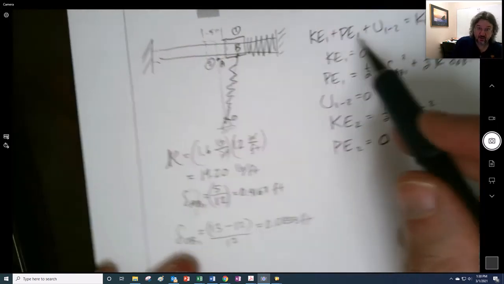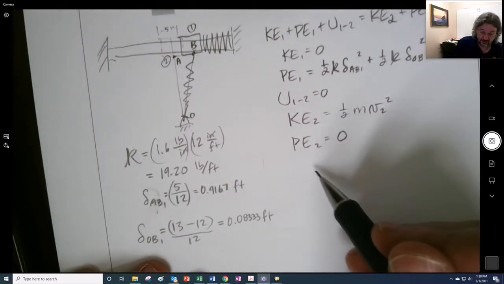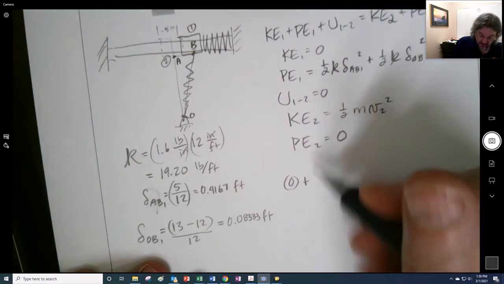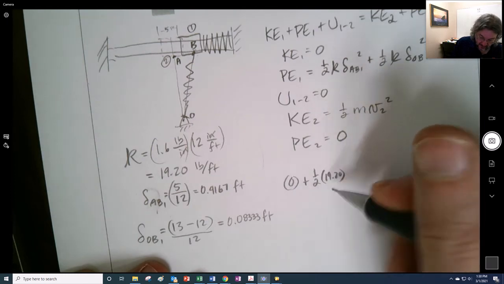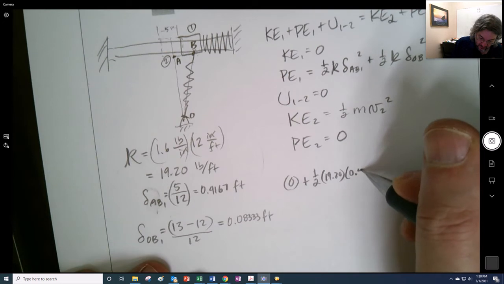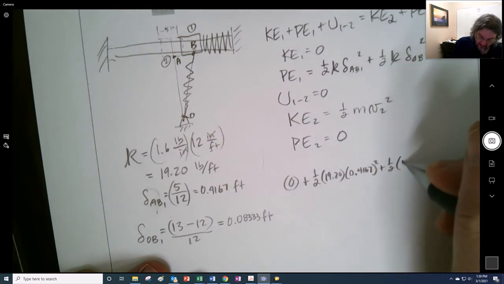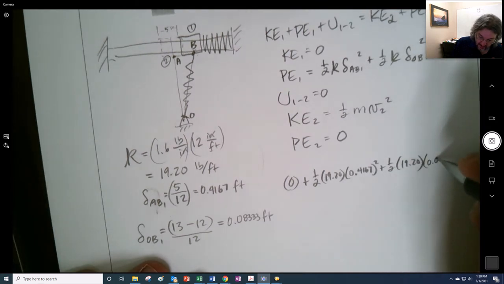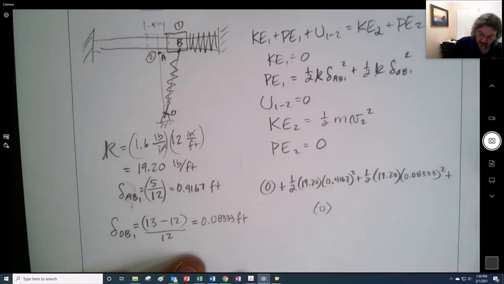So we're going to plug all these things in up above, along with our values right in here. So I'm going to say I have 0 kinetic energy, and my potential energy is going to be 1/2 times 19.20 times 0.4167 squared plus 1/2 times 19.20 times 0.08333 squared, plus 0.